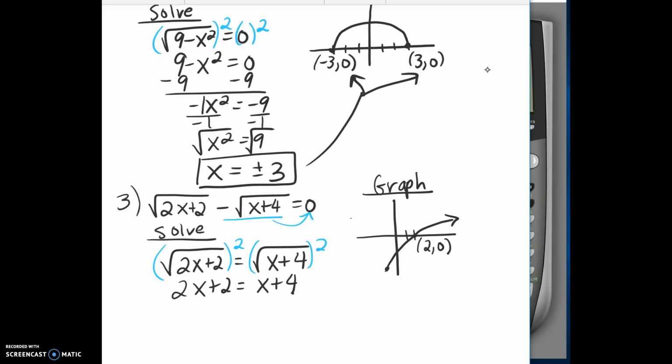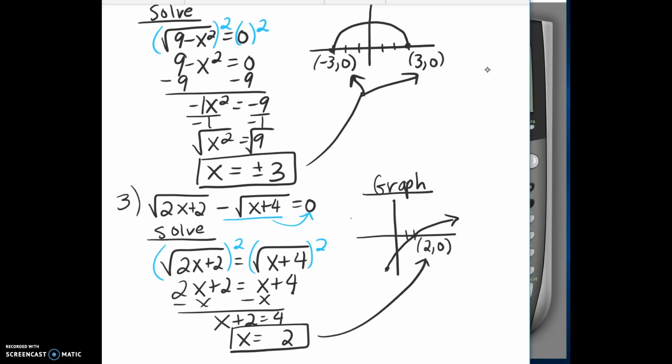Solve that. Oops, watch out for that negative sign there. There is no negative. So we do get x equals 2, again matching up nicely with our graph.